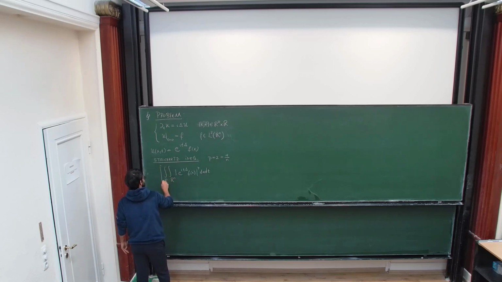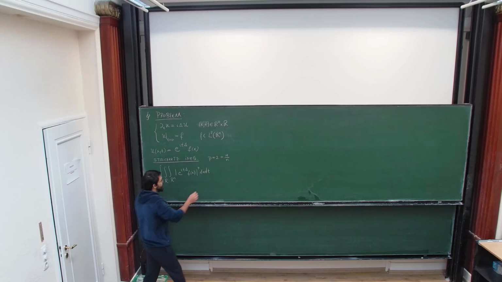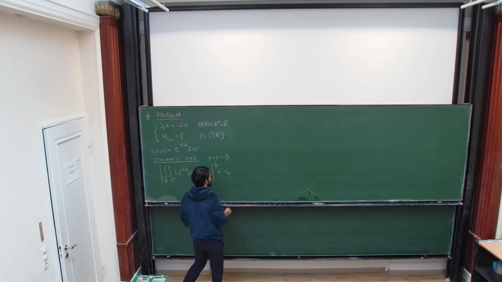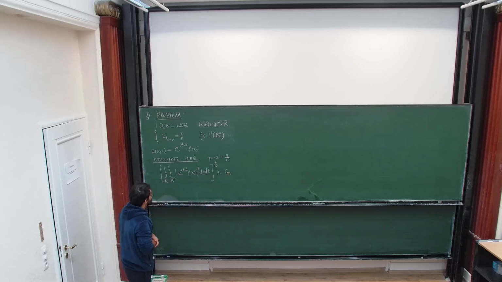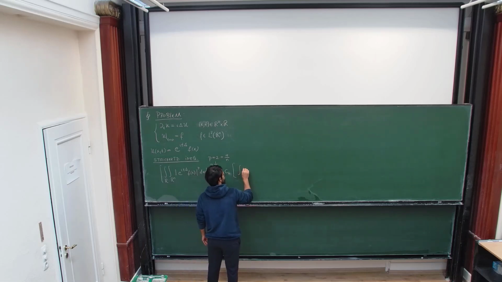You want to compute the LP norm of your solution, and you want to bound it, with the constant depending only on the dimension, by the L2 norm of the initial data.